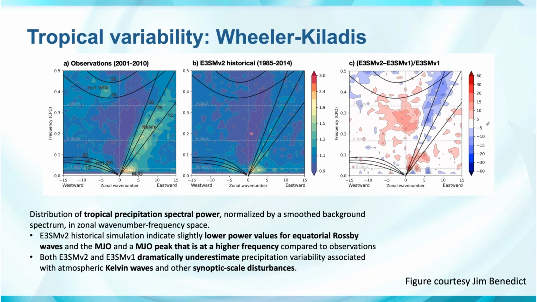So we have very little Kelvin waves compared to observation. So this is something maybe to pay attention to in future versions. This is often related to parameterized deep convection, and sometimes this is a symptom of an overactive deep convective parameterization that just kills resolved waves.